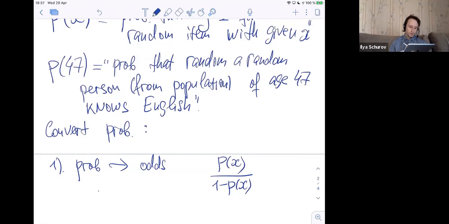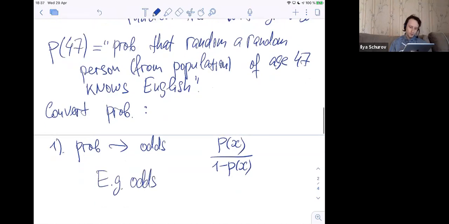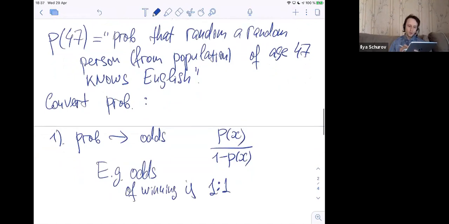So for example, if I say that odds of winning is 1 to 1, what can I say about the probability of winning? Yes, it is 1/2, because odds 1 to 1 is like 1 chance that I win and 1 that I will not win.